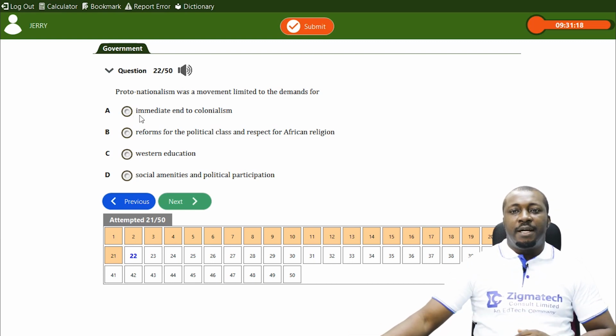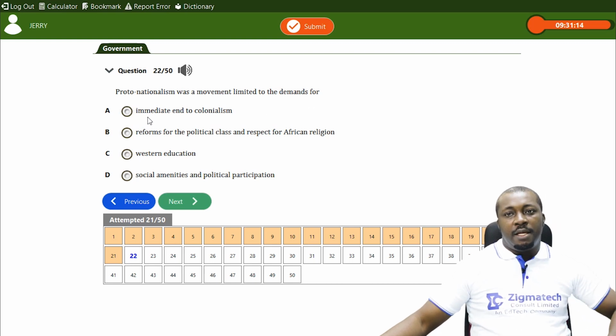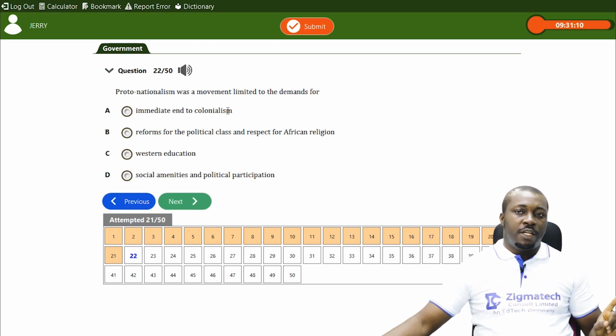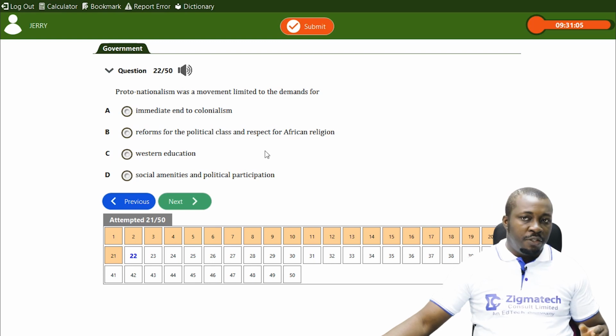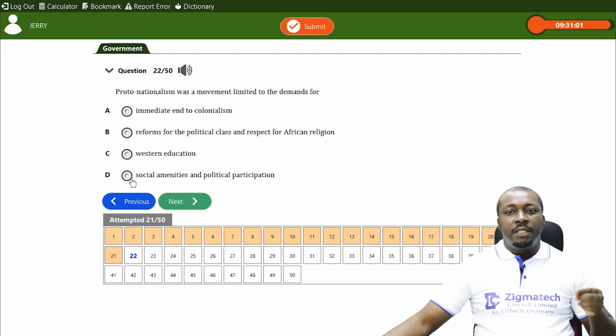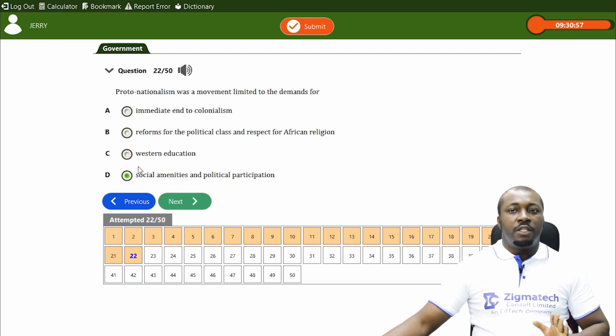Now, this was limited to the demand. A, immediate end to colonialism? No, that is militant nationalism. B, reforms for political class and respect for African religion? No. C, Western education? It's not Western education, but rather D, social amenities and political participation. That is what proto-nationalism sought.